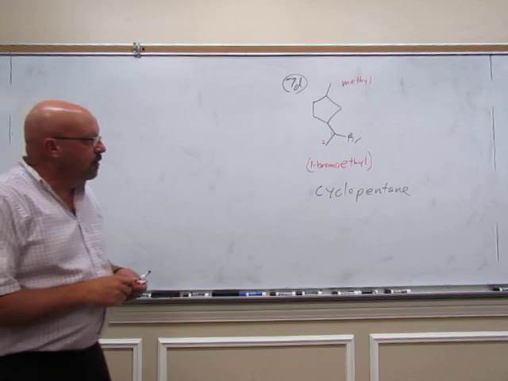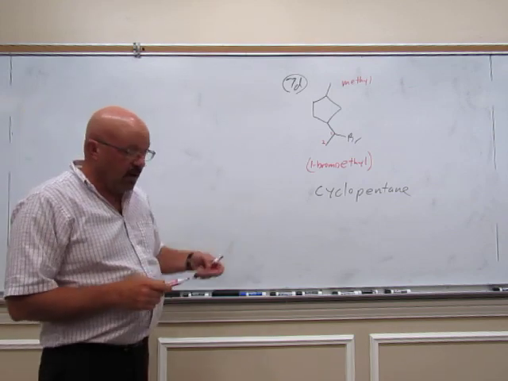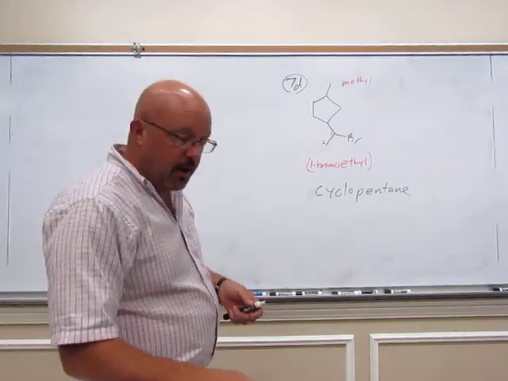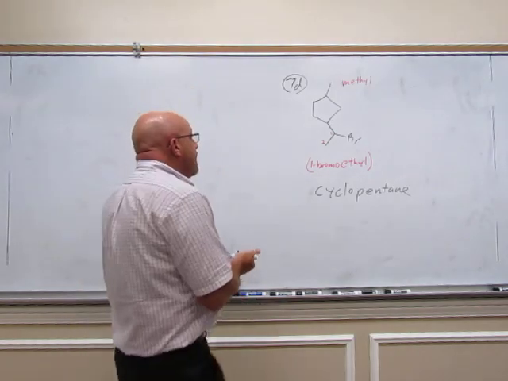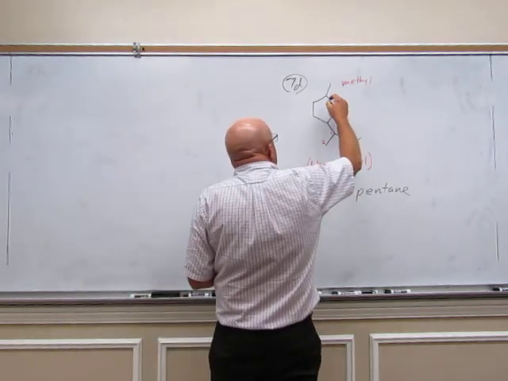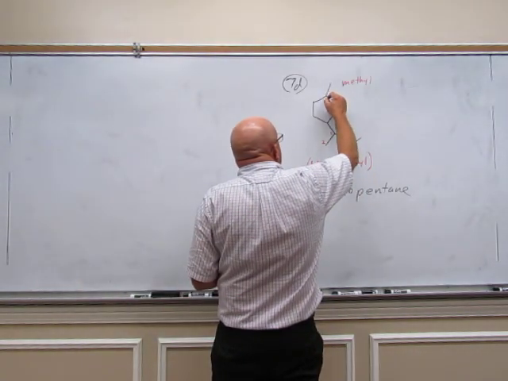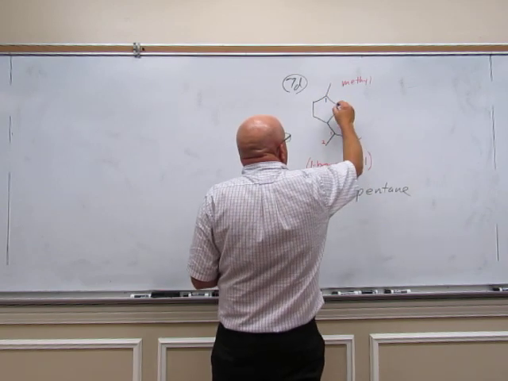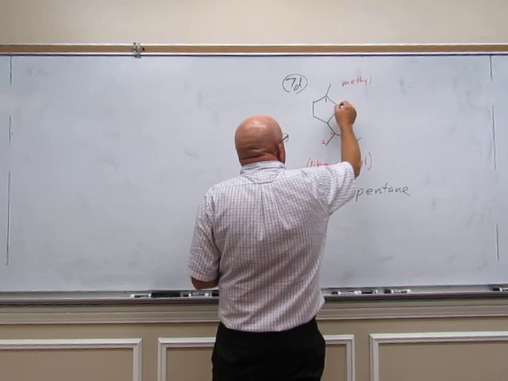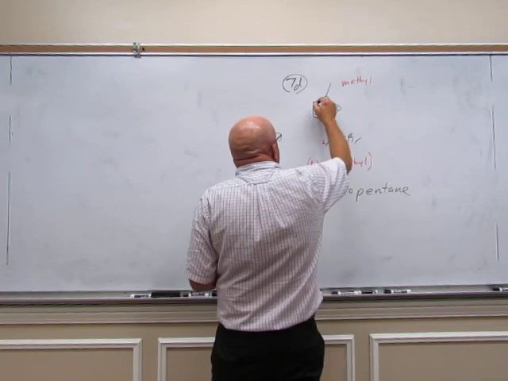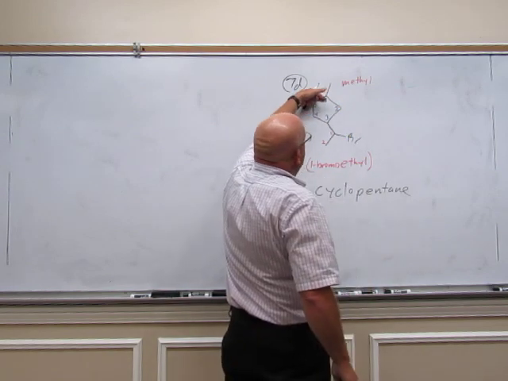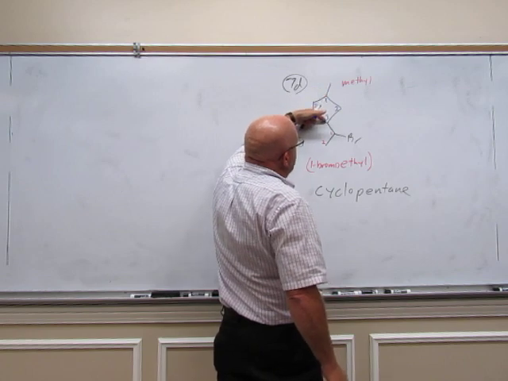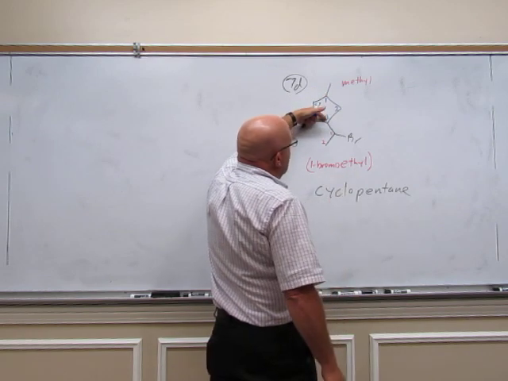Now, we need to put those substituents out in the front and tell their position on the ring. If I start numbering with the carbon on the ring where the methyl's attached, that one is number 1, and then we go 2, 3, 4, 5. I have the methyl on carbon number 1 and this 1-bromoethyl group on carbon number 3.